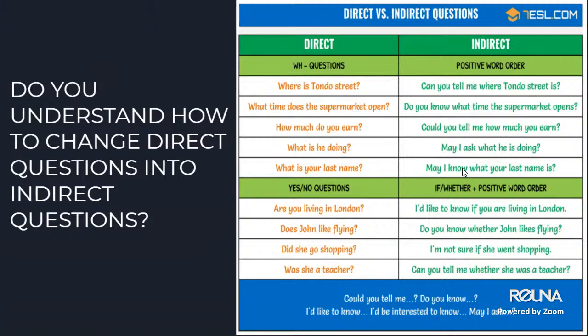Etc. So that's the main difference. You introduce these indirect phrases at the beginning, and then we continue the question with a relative pronoun, like where, what time, how much, what, and things like that.